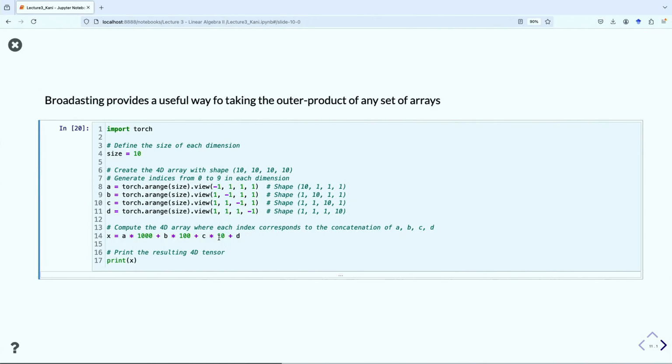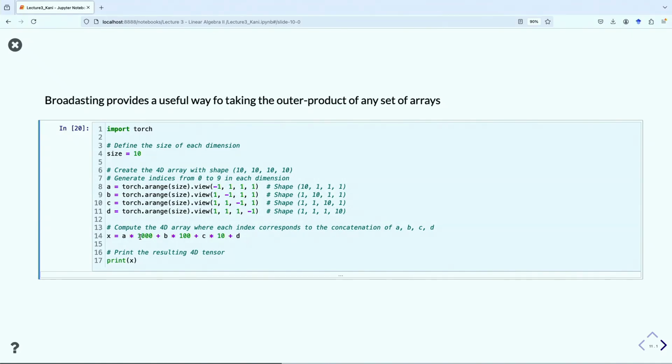That's okay. But we could do something much prettier, which is to define a tensor of 10 values along each dimension. Then we multiply, for instance, the A tensor by 1,000 to denote that this A corresponds to the fourth digit in the number.